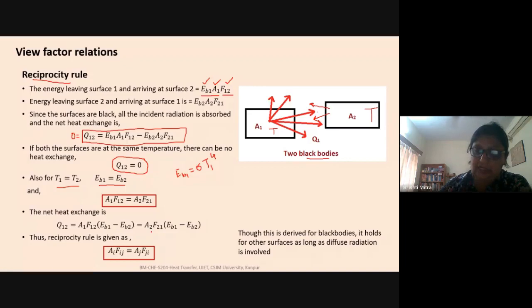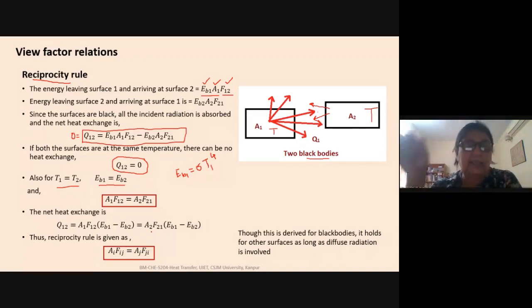We can either write it in terms of A1 or in terms of A2. When we solve problems, you will see which one we write will depend on what data is available to me. So this is A1 F12 is equal to A2 F21, and in brackets we have EB1 minus EB2, where EB1 is given by sigma T1 to the power 4 and EB2 by sigma T2 to the power 4.